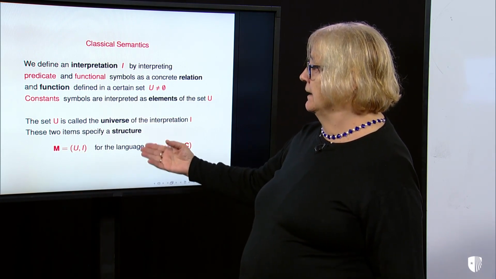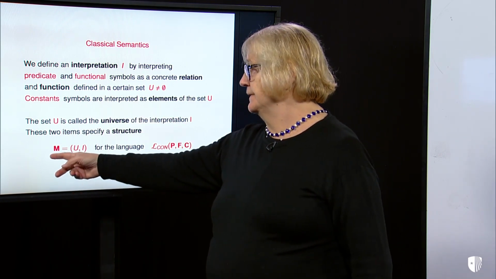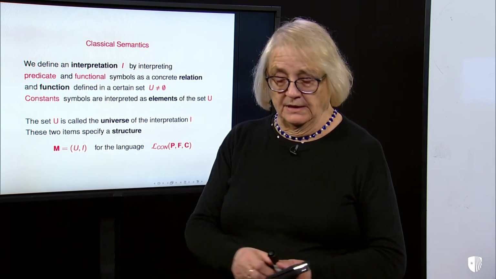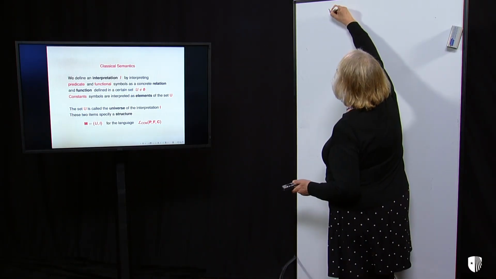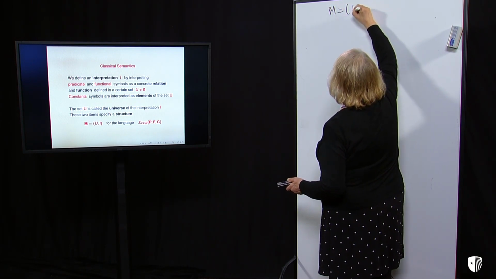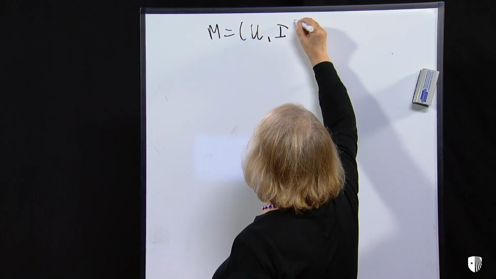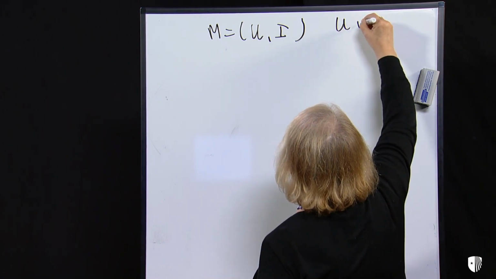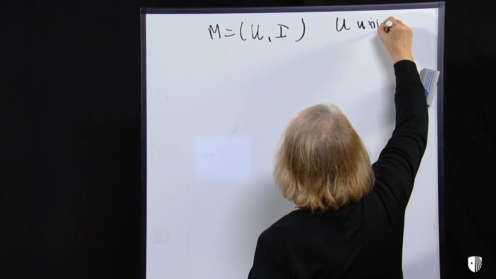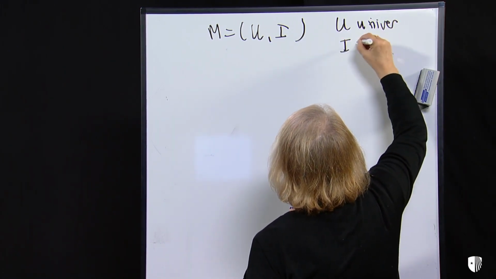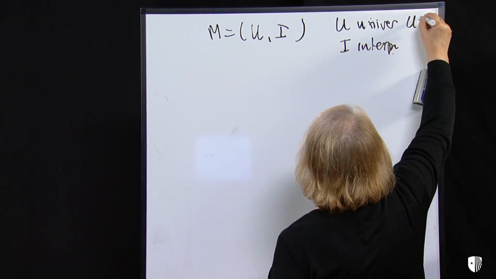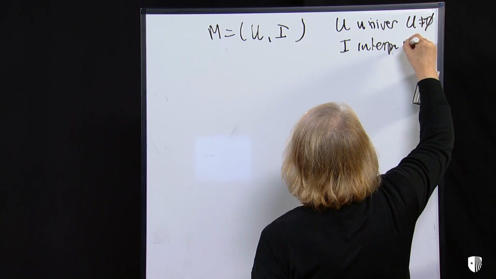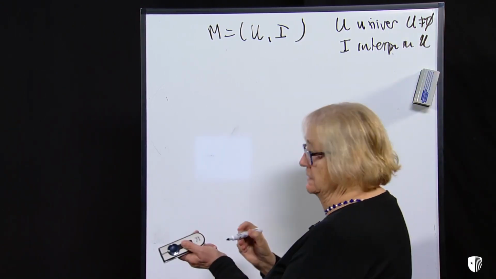So we defined a structure, M = (U, E). I am going to write it because this is important. Structure (U, E), U is the universe, and E is the interpretation, and the universe is a non-empty set.